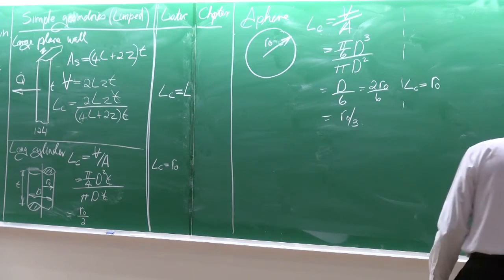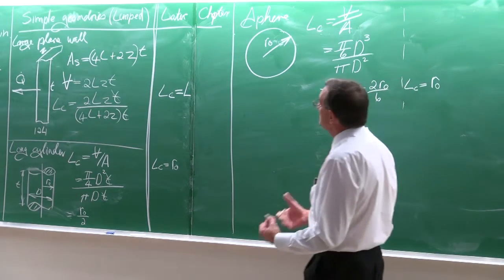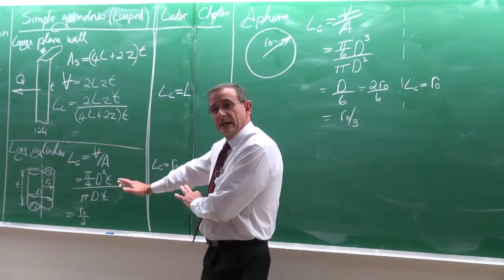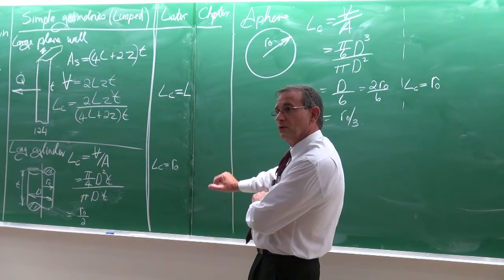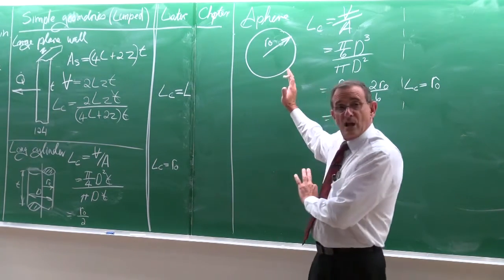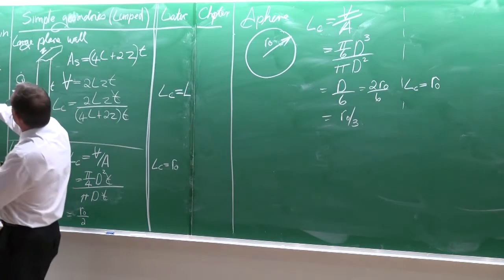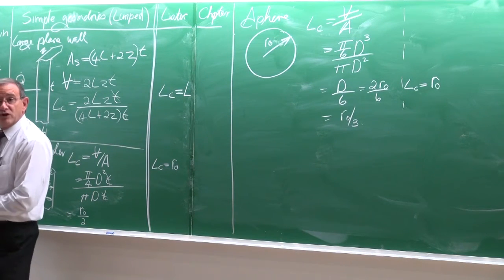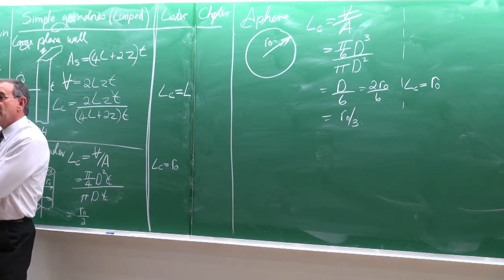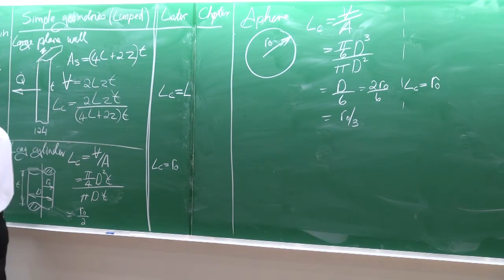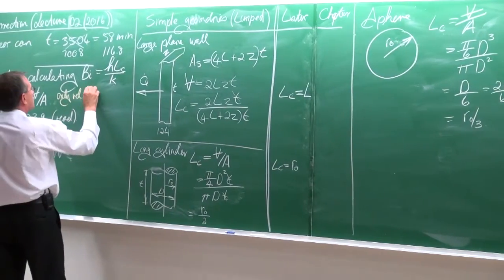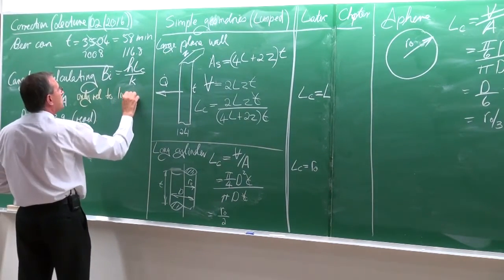It is important because, unfortunately, many students make this mistake in the tests and exams. Okay, they remember about the characteristic length, which is equal to the volume divided by the area. However, remember, this is only relevant to the lump system approach.